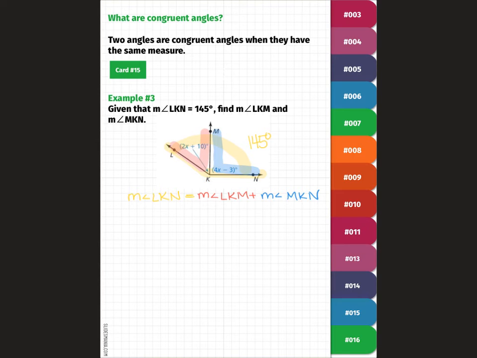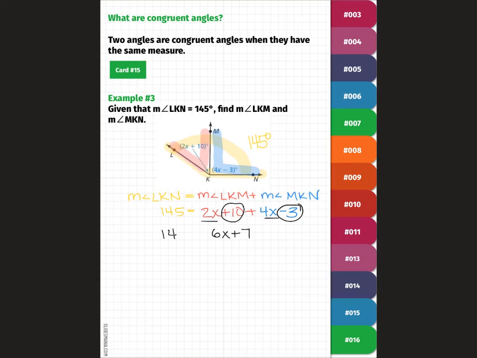So 145 is equal to 2x plus 10 plus 4x minus 3. Because it's addition, we don't need to put parentheses, so we're good there. Now we're just going to go through and do the math. I have 2x and 4x, which give me 6x, and 10 minus 3, which gives me 7.